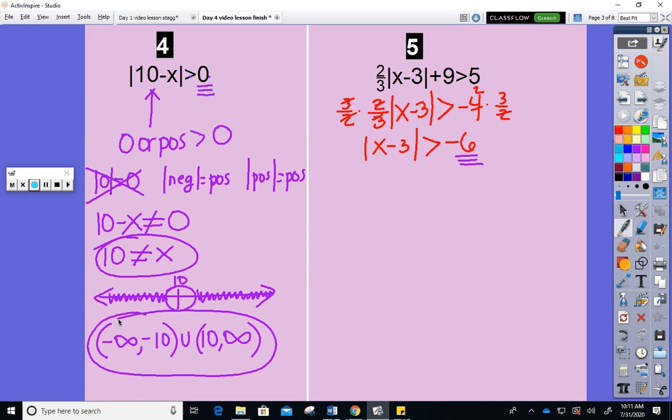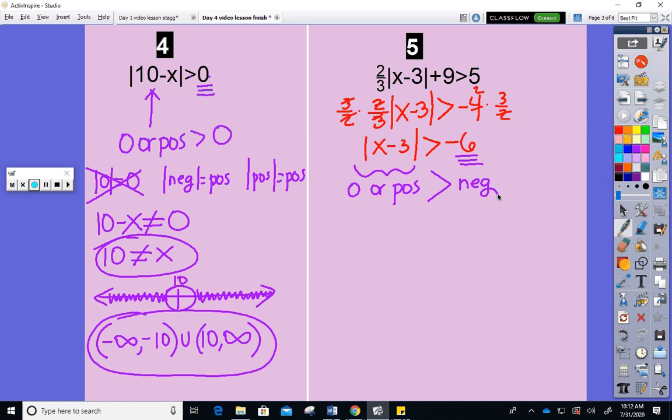So on number 5, what I want you to do is say, wait a minute. This side, remember, is either 0 or it's positive when you take its absolute value. When is a 0 or a positive number going to be greater than a negative number? Because it doesn't matter if that's a negative 6, a negative 18, a negative 9,000, or a negative 1/2.